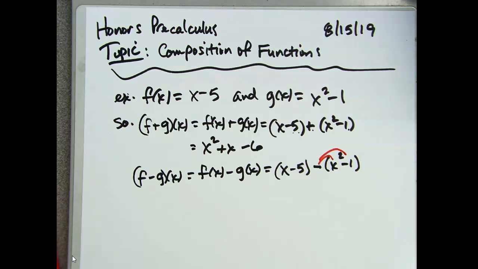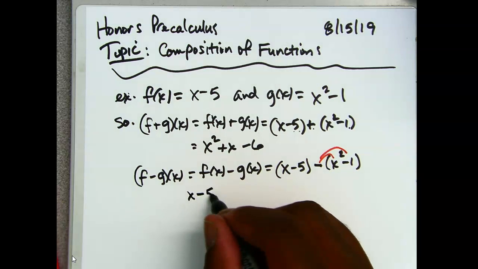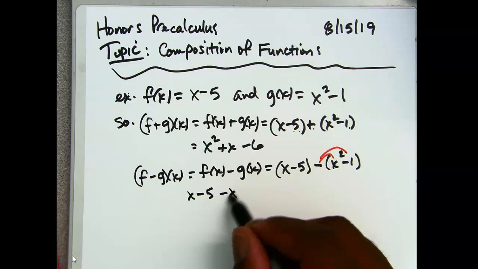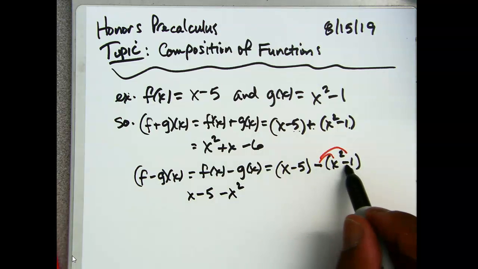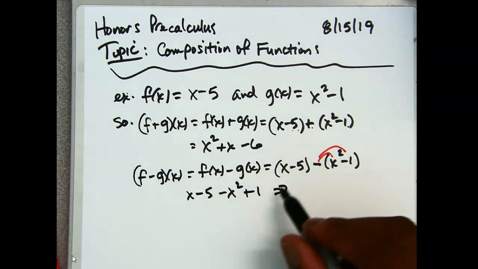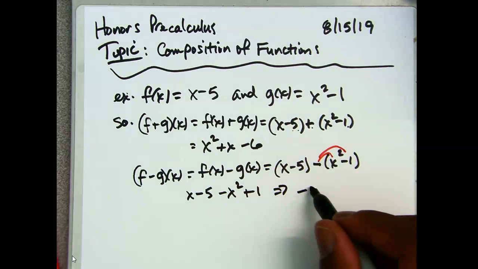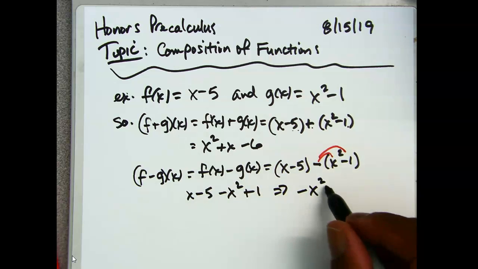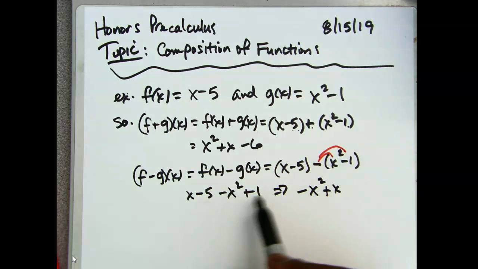So that leaves us with x minus 5 minus x squared, then minus a negative 1 plus 1. Rewriting that, we end up with negative x squared plus x, and then negative 5 plus 1 is minus 4.